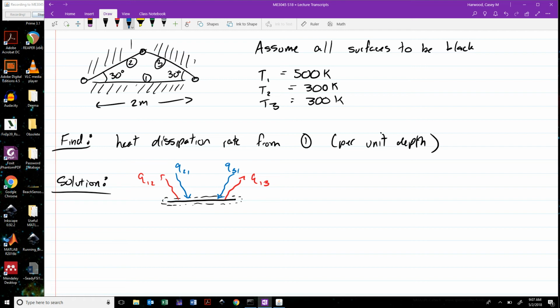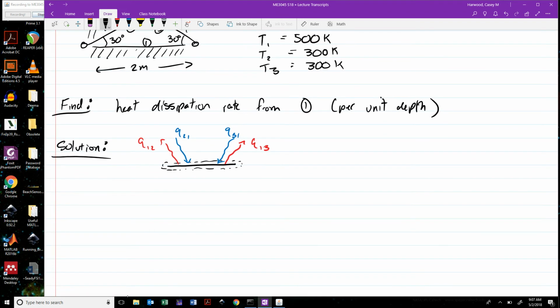Instead, this is being written more in terms of bulk amounts of power. And then we're going to figure out how much each of these is by writing them in terms of those individual radiative fluxes. So Q1, that is the net heat rate out of 1. We'll just go ahead and say this is Q1 to 2 plus Q1 to 3 minus Q2 to 1 minus Q3 to 1.